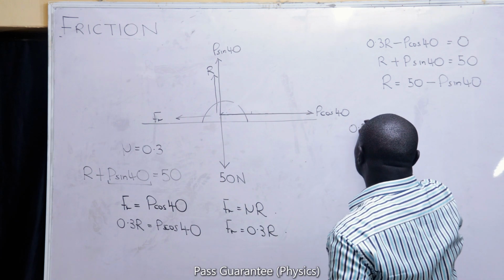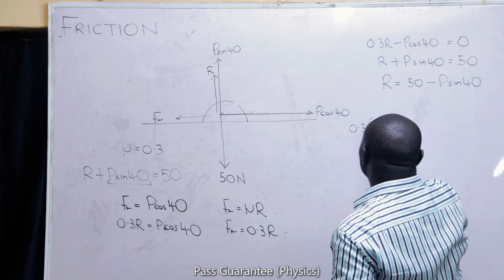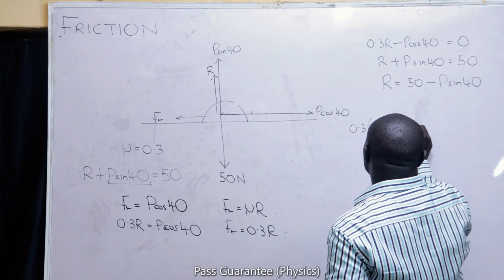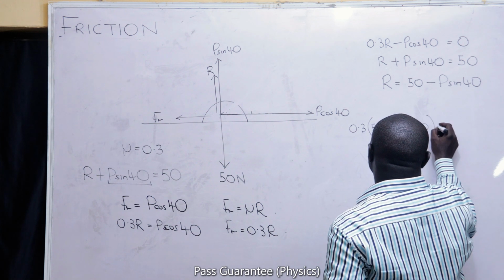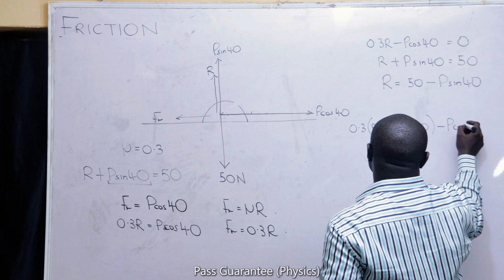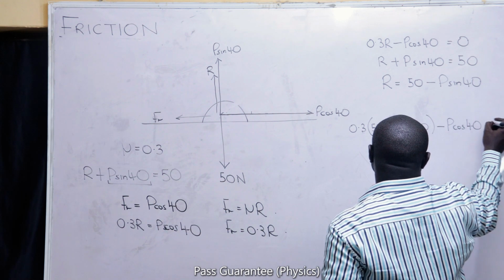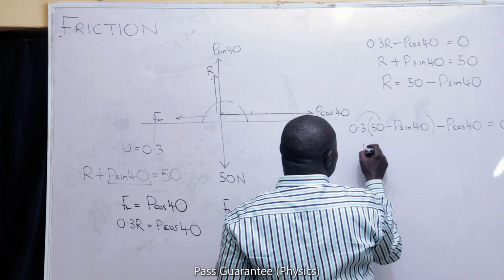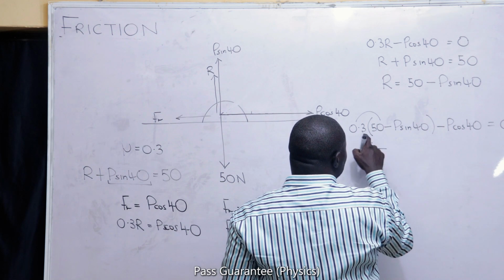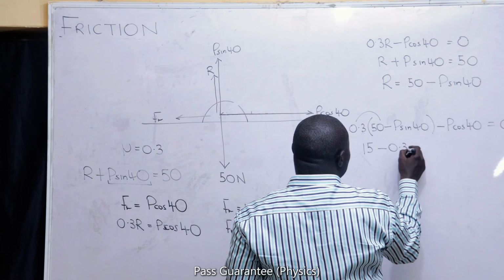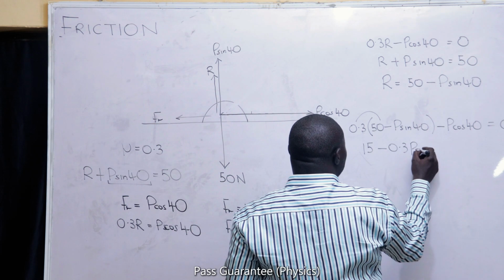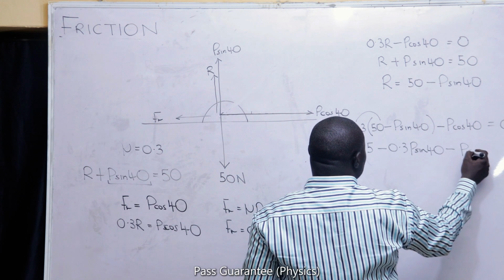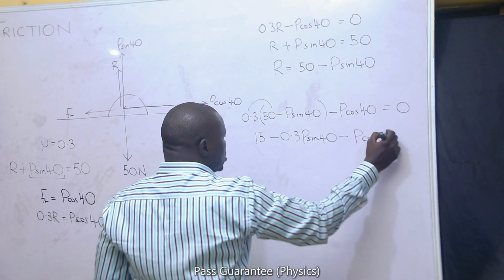If I substitute, I will have 0.3 open bracket 50 minus P sin 40 close bracket minus P cos 40 is equal to 0. If that is the case, I can multiply 0.3 times 50 is 15, minus 0.3 times this is 0.3 P sin 40, minus P cos 40 is equal to 0.